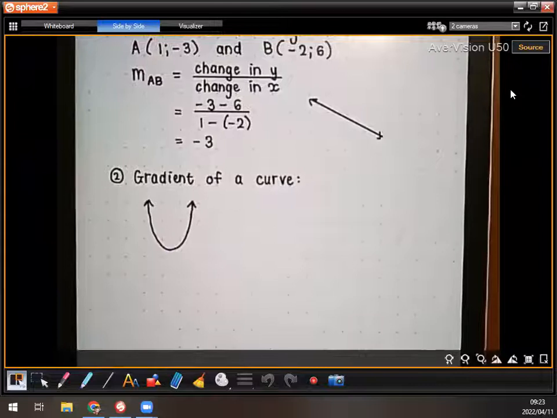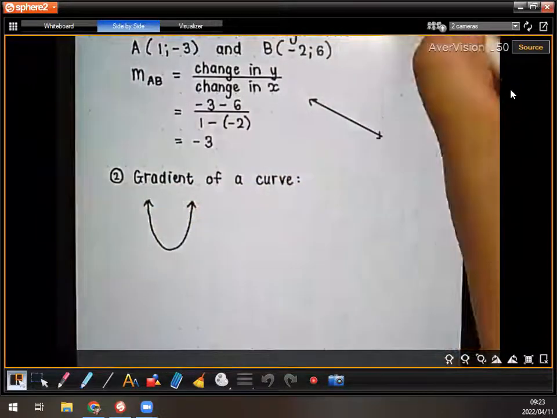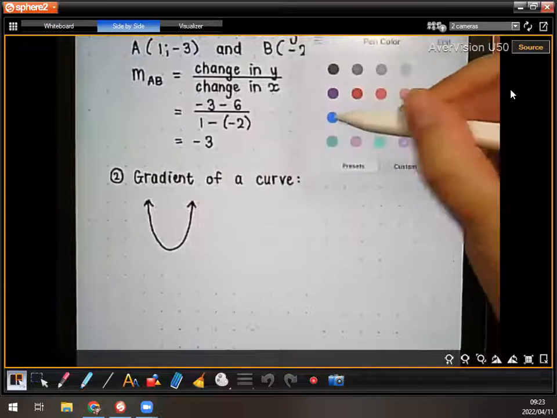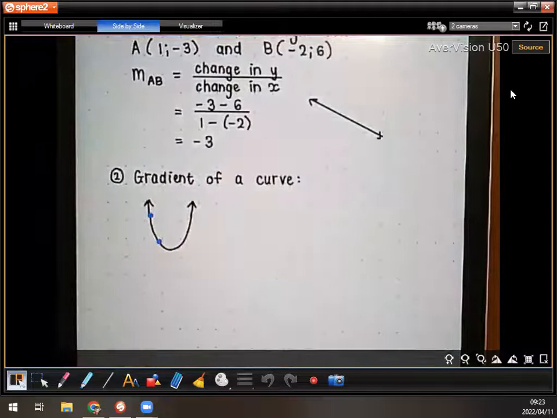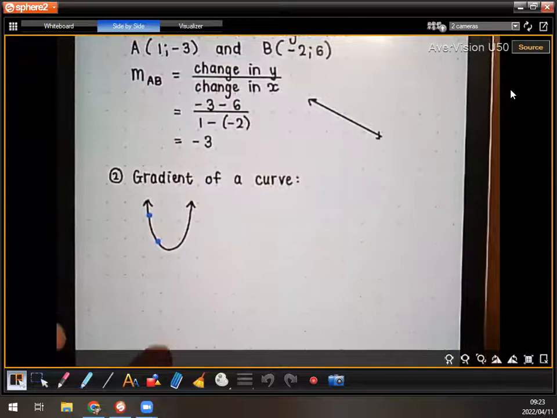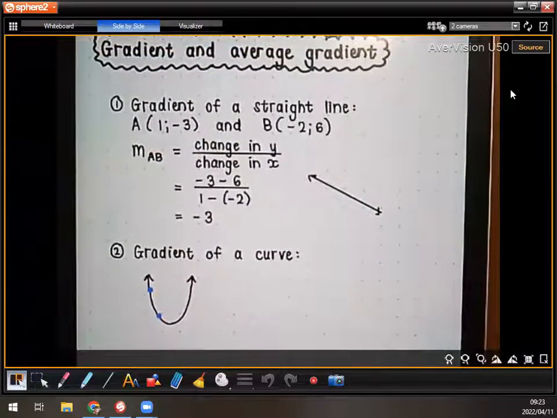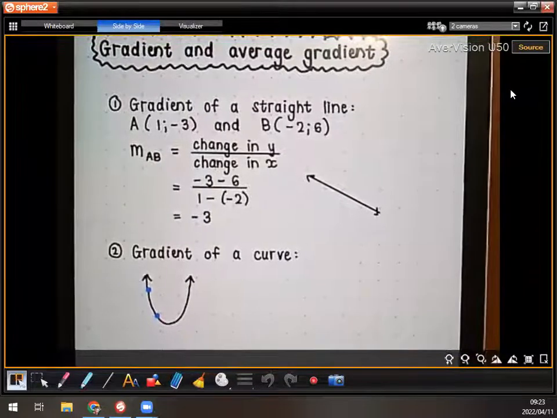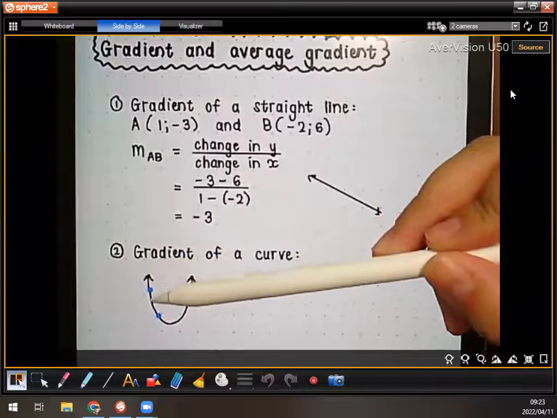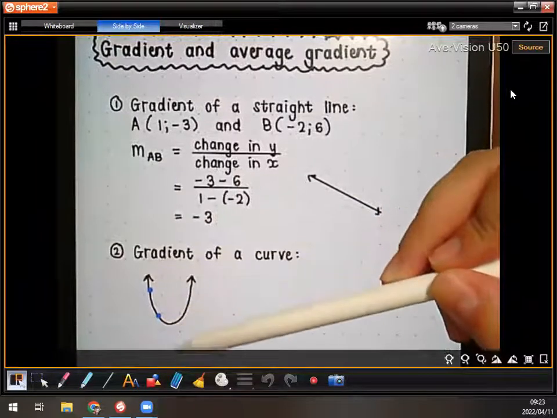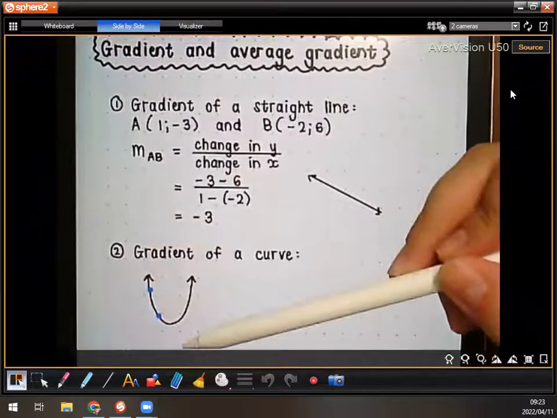Now, guys, if I take that point there and that point there, and I draw a line between those 2 points, and I calculate the gradient between those 2 points, will that be a negative gradient or a positive gradient? We're looking at the shape. If we were to actually draw a straight line through those 2 points, would that straight line have a negative gradient or positive gradient? Negative, okay?